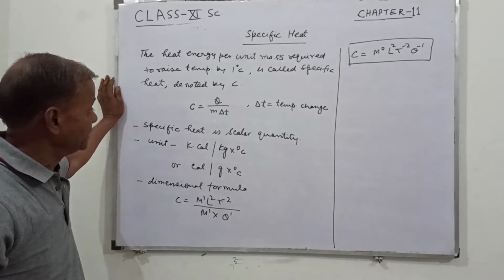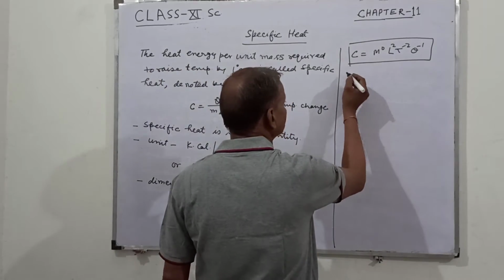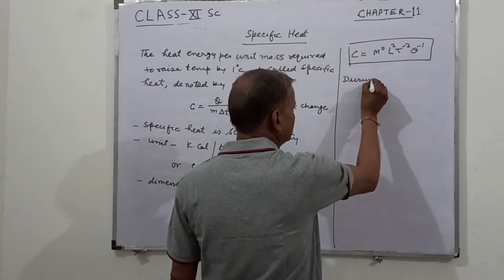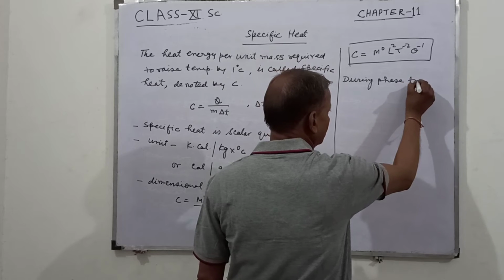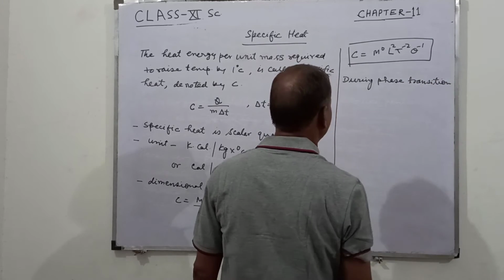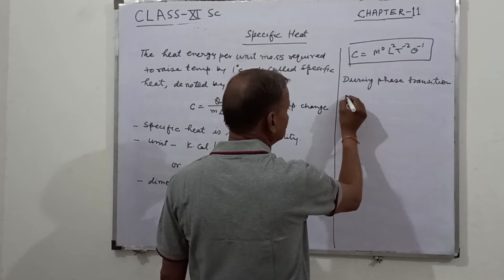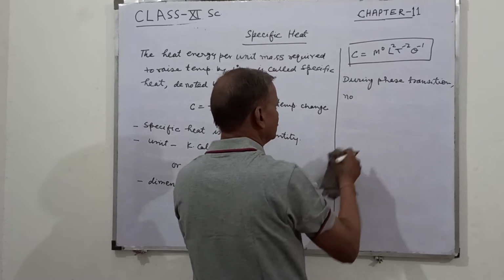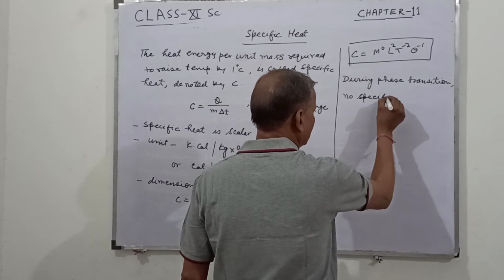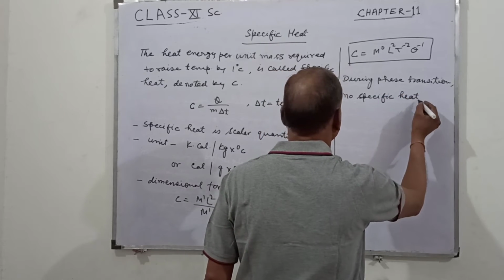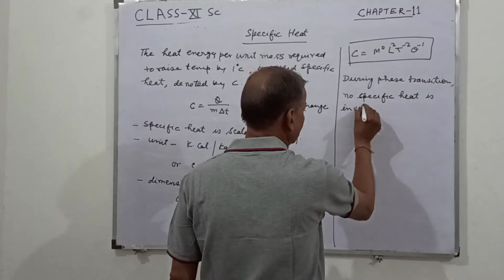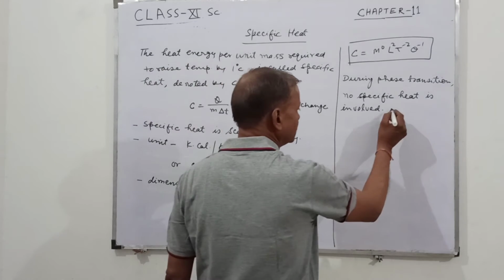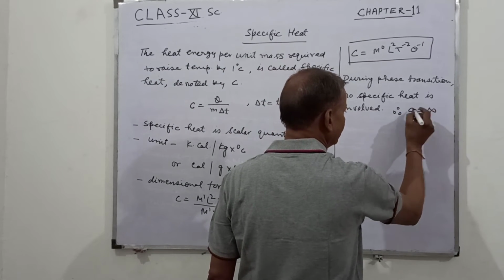So during phase transition, no specific heat is involved, because at that time temperature does not change, so C becomes infinite. Therefore, C equal to infinite.